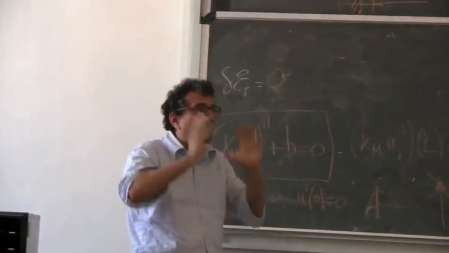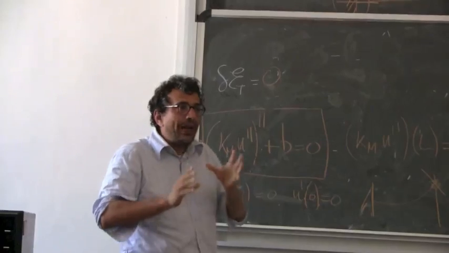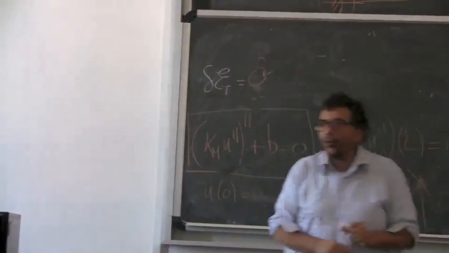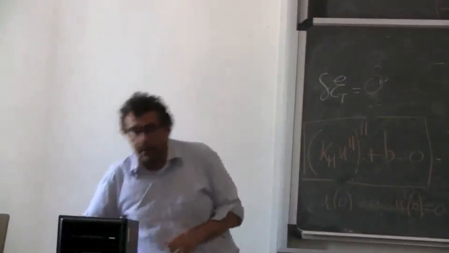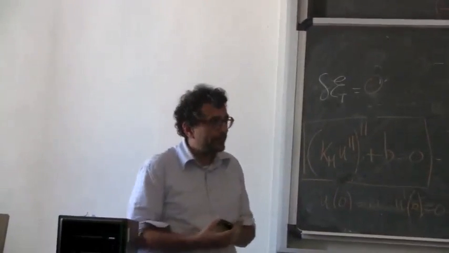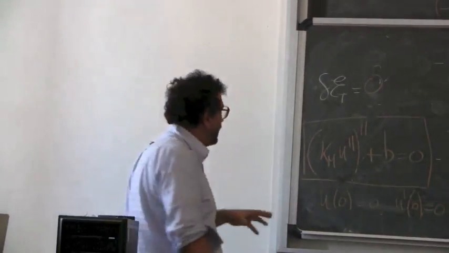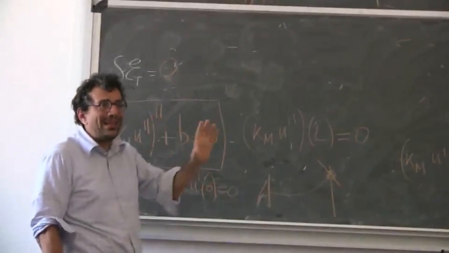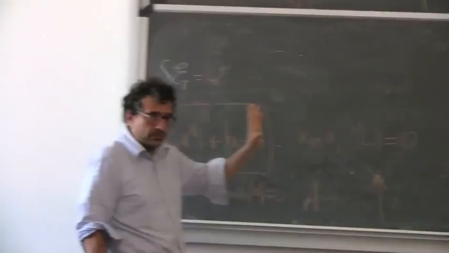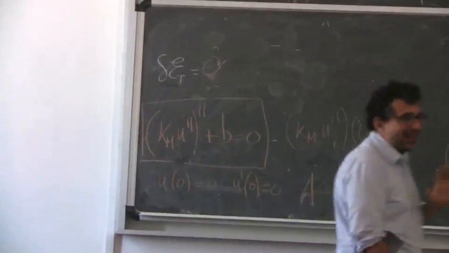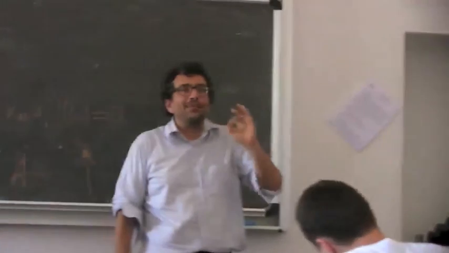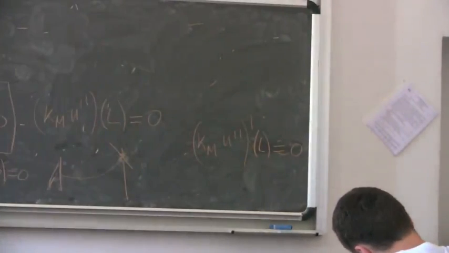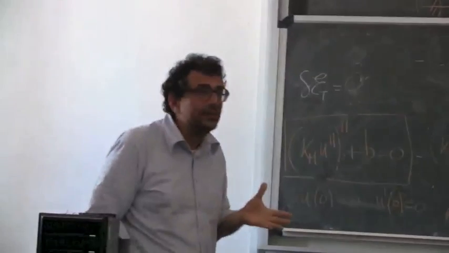This is the prototype of a mechanical theory. So before stopping, I want to list you the steps. Step number 1, find the kinematics of your system. Okay? D'Alembert said, la cinématique d'abord. You start with the kinematics. Why?